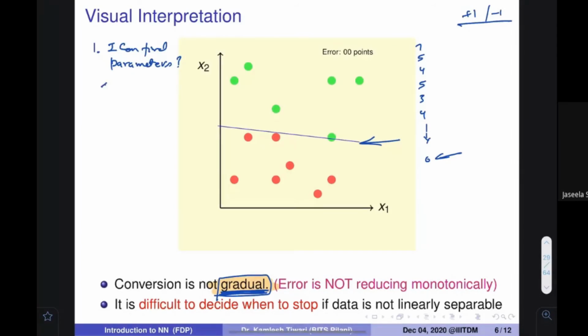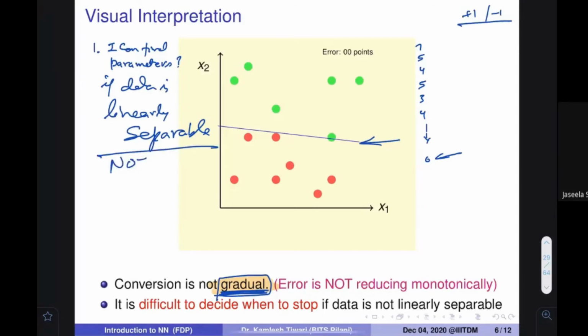If data is linearly separable, then I can find them. If data is not linearly separable, then what would happen? It would give you the best hypothesis. No, how can I know which one is the best hypothesis?